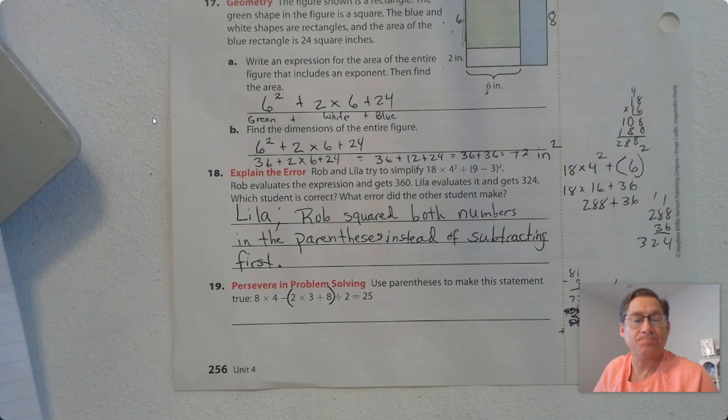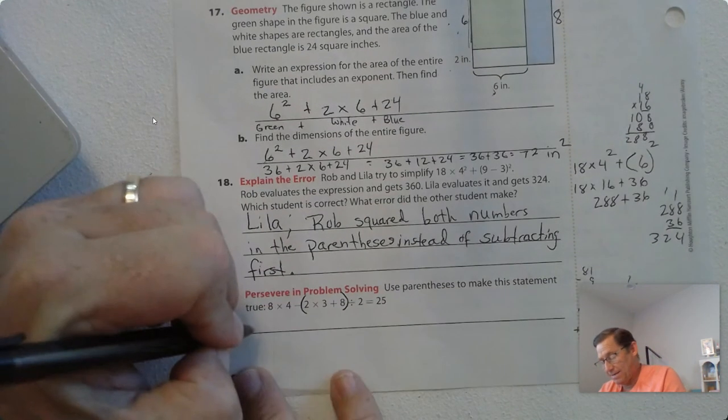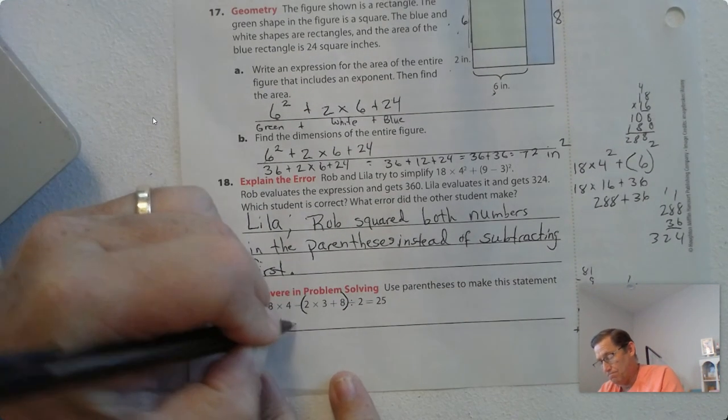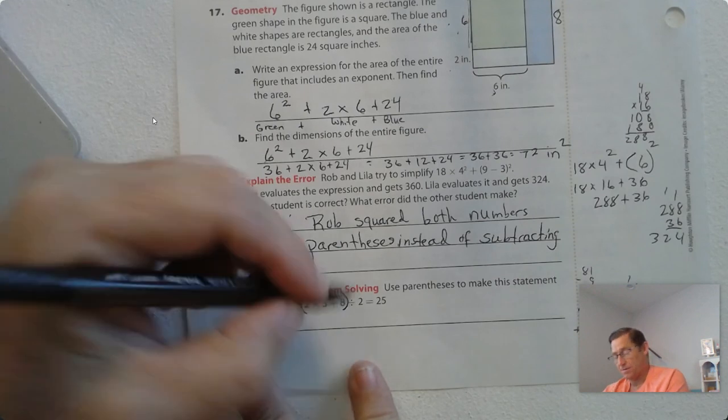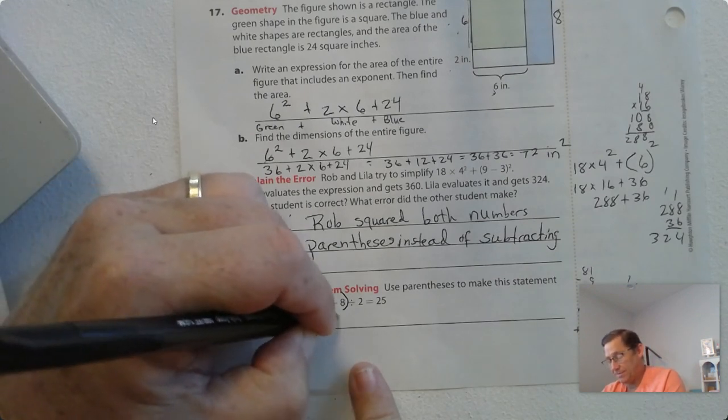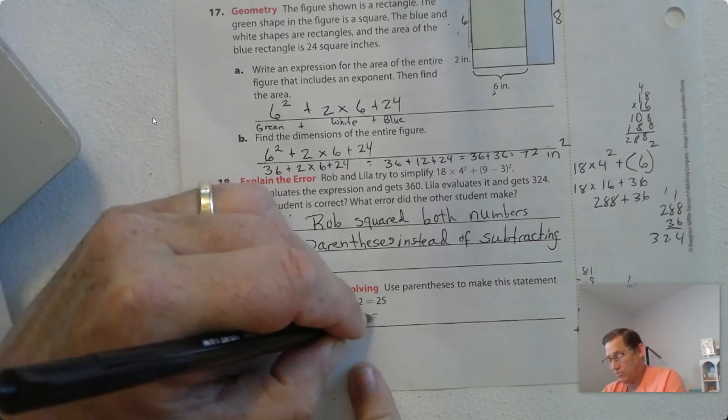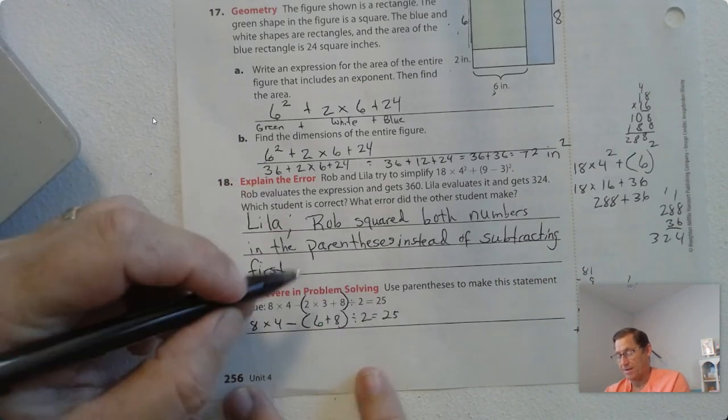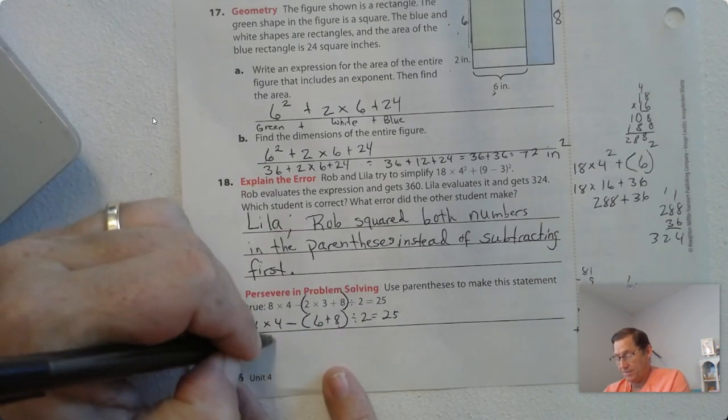Let's try that. 8 times 4 minus 2 times 3 is 6 plus 8 divided by 2. Okay, let's see. Still have to do what's in parentheses first.